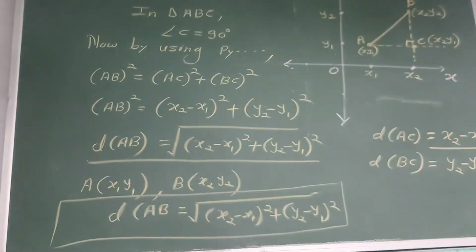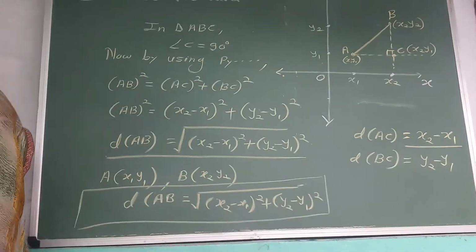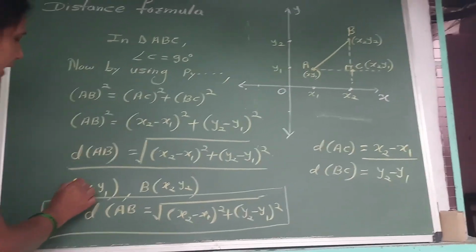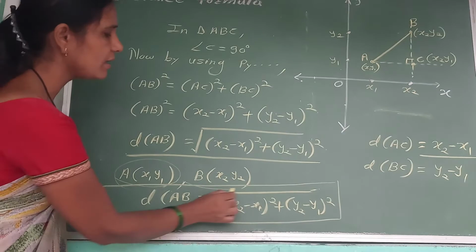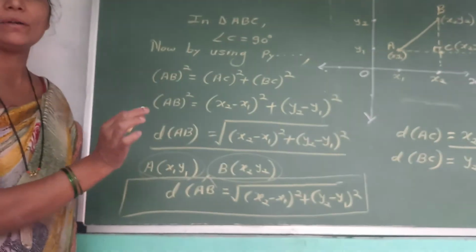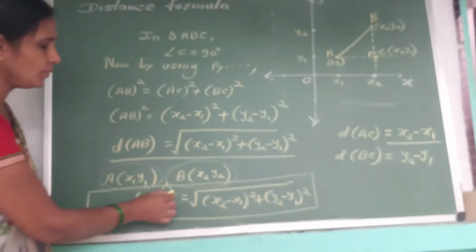By using this formula we can calculate the distance between 2 points when the coordinates of the 2 points are given.